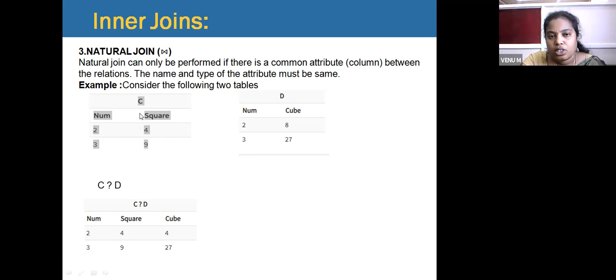Then only natural join will be applicable. Natural join can only be performed if there is a common attribute between the relations. The name and type of the attribute must be the same. So this is the natural join way.